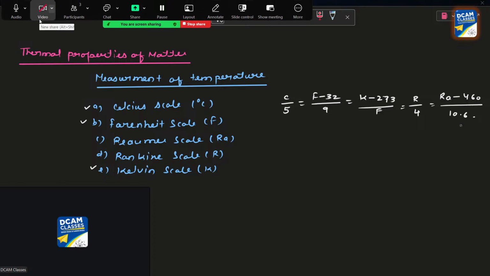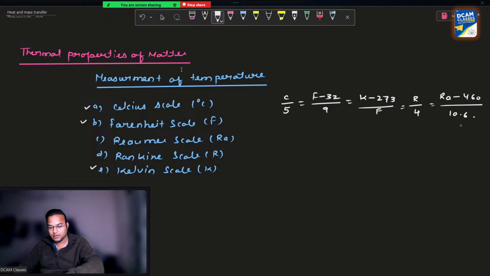Hmm. The problem here is this one. Now everything is correct.